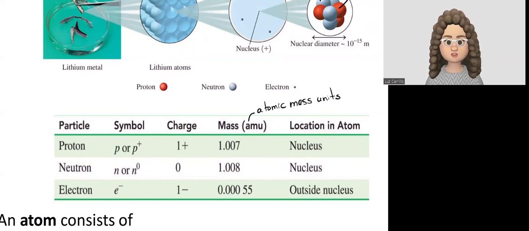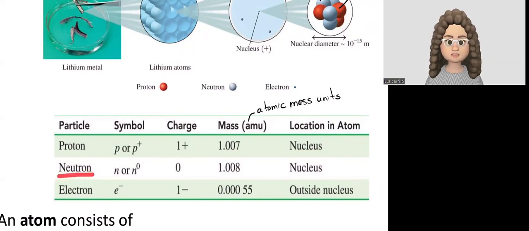So as we go into the table, we can observe that a proton, which lives in the nucleus of an atom, is symbolized by the letter P, or a P with a superscript plus sign. The charge of a proton is +1, and the mass of a proton is 1.007 AMU.